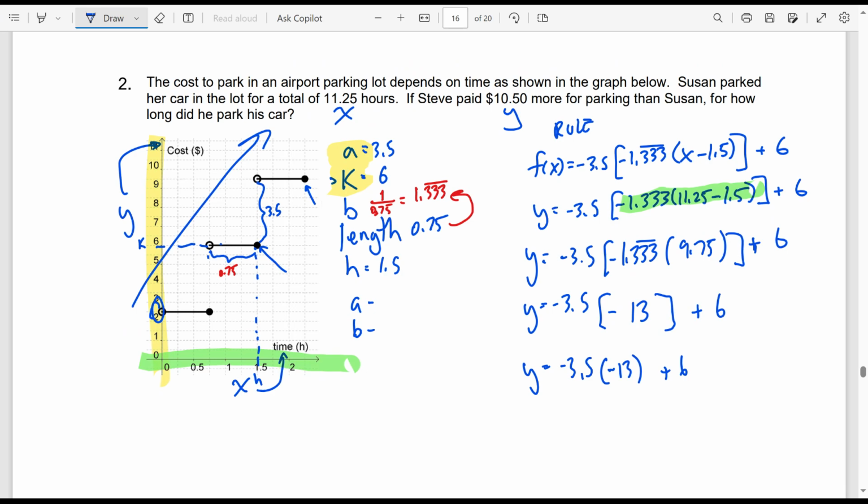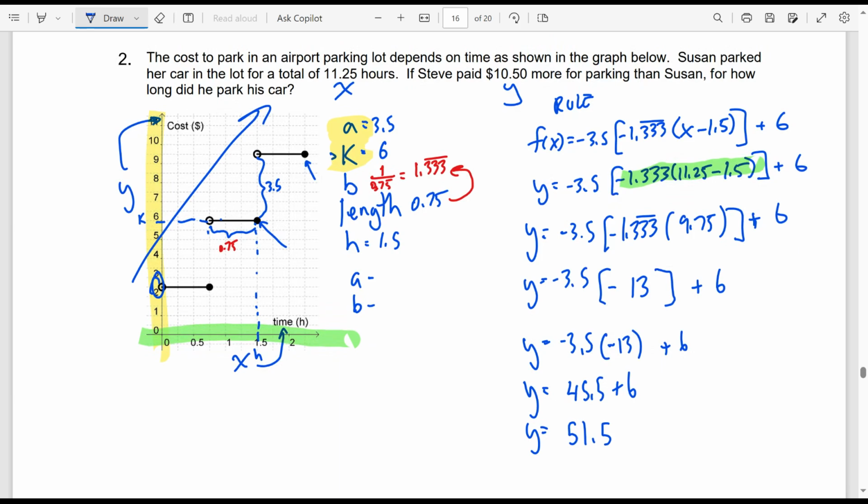Now we're just going to multiply that by 3.5 and have y is equal to positive 45.5 plus 6. So Susan spent $51.50. Now we solve for y.